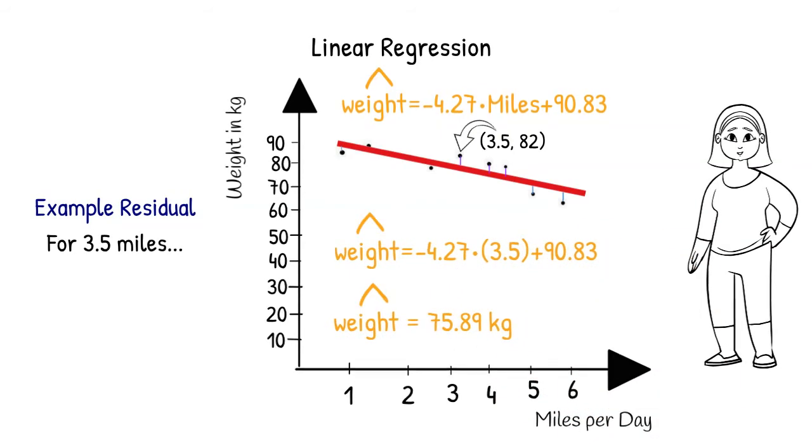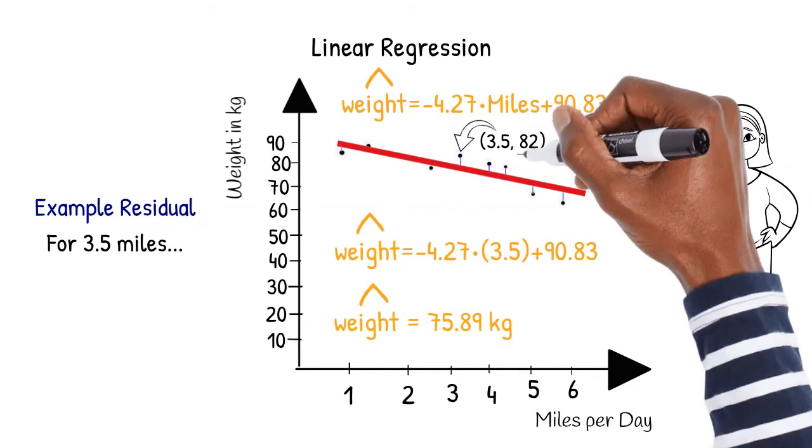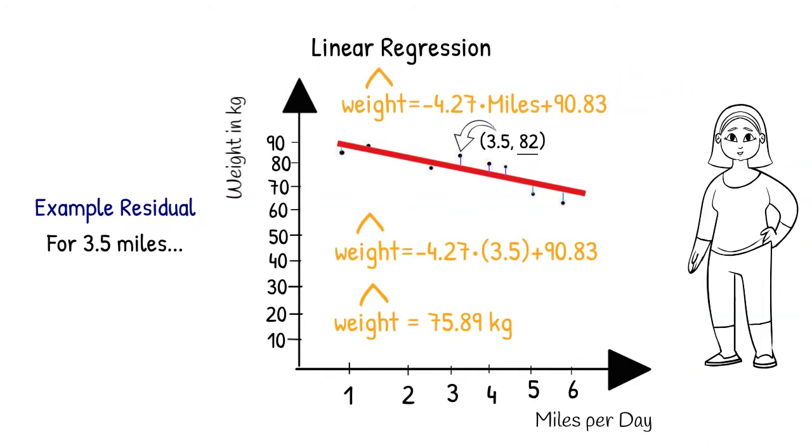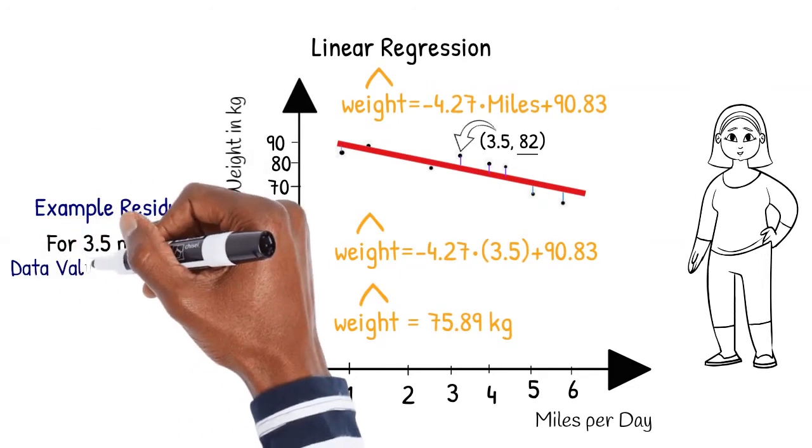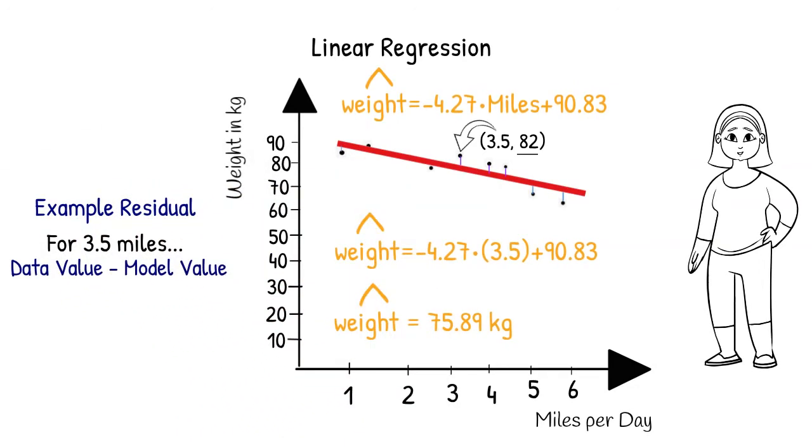But we know that a woman who walks 3.5 miles in our study weighs 82 kilograms. The difference between the data value and the model value is the residual. 82, the data value, minus 75.89, the model value, is equal to 6.11 for this case.